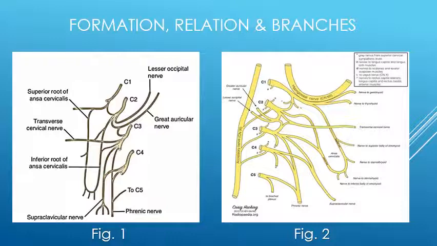The last cutaneous branch is the supraclavicular nerve. Its root value is C3 and C4, but mostly it emerges from C4 at the posterior border of sternocleidomastoid. Soon after it is given off by the cervical plexus, it divides into several branches, distributed into three groups: medial group, intermediate group, and lateral group.